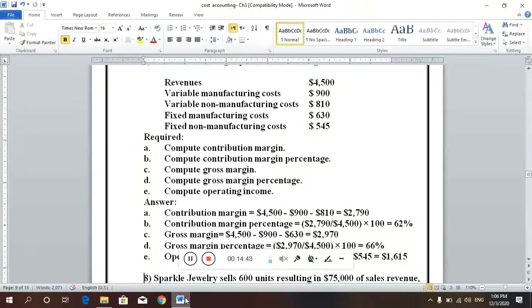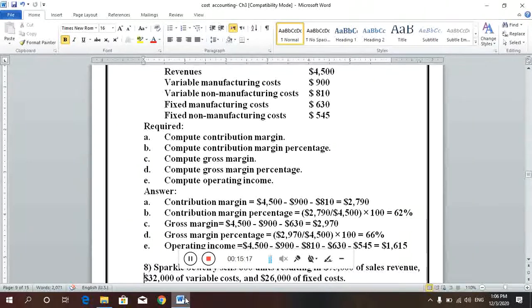So the gross margin will equal sales revenue $4,500 minus variable manufacturing costs $900 minus fixed manufacturing costs $630, it will equal 2,970.